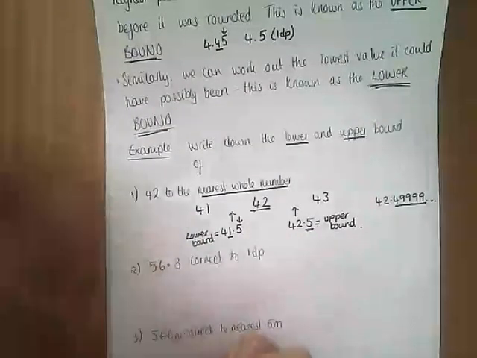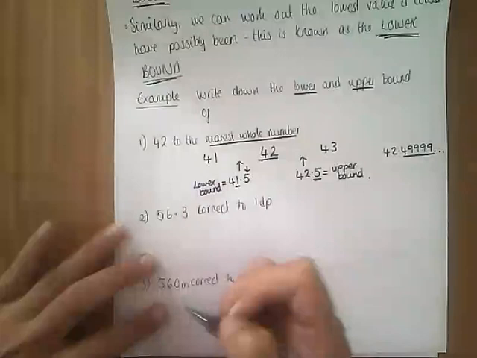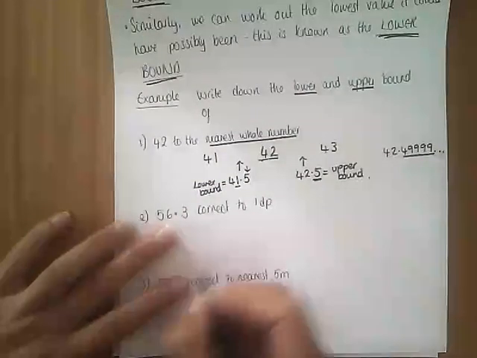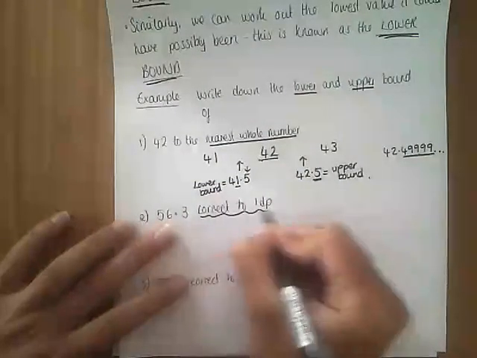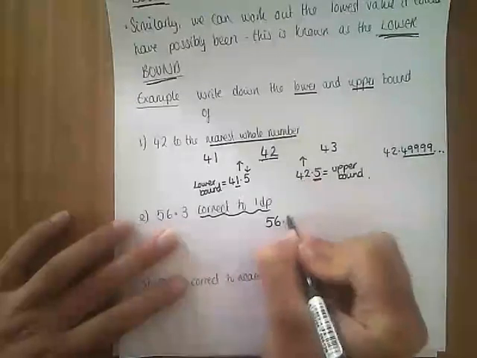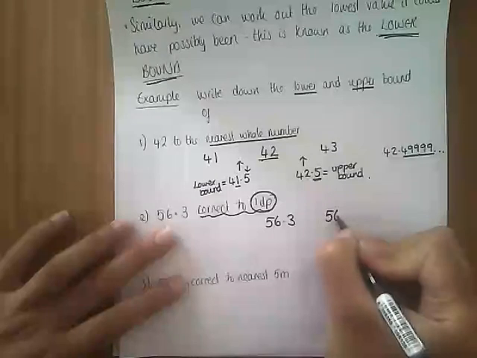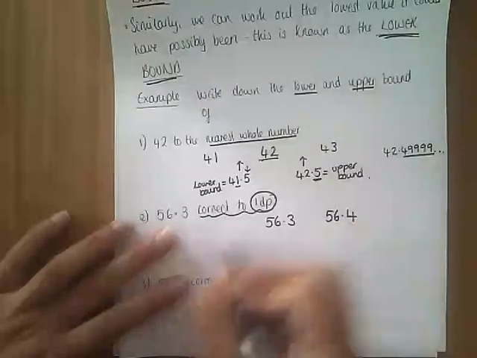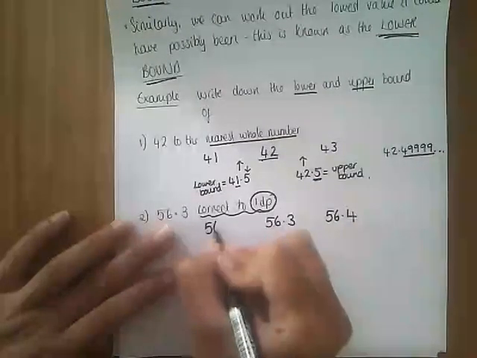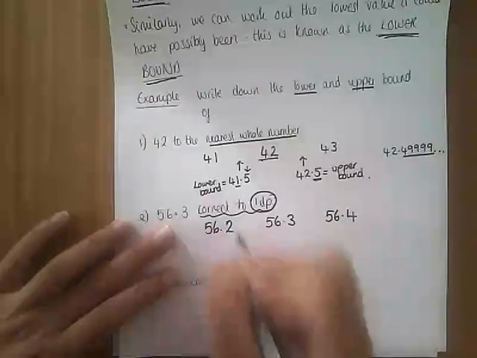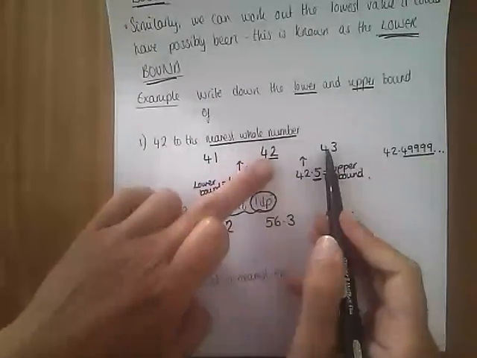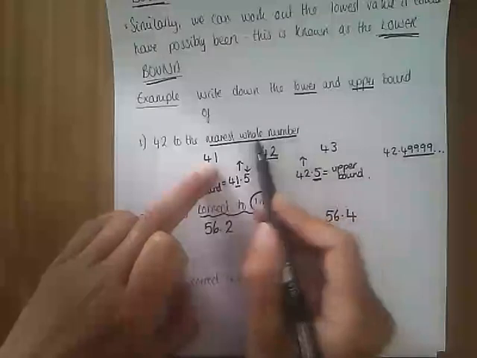Okay, let's look at the second one. 56.3 has been rounded to one decimal place. We put the number we've been given in the middle. We go one decimal place higher, so 56.4, and one decimal place lower, 56.2. Before, we went a whole number higher and a whole number lower because it had been rounded to the nearest whole number.